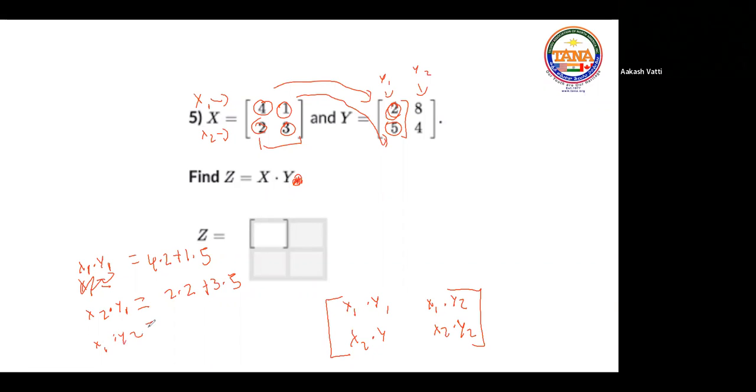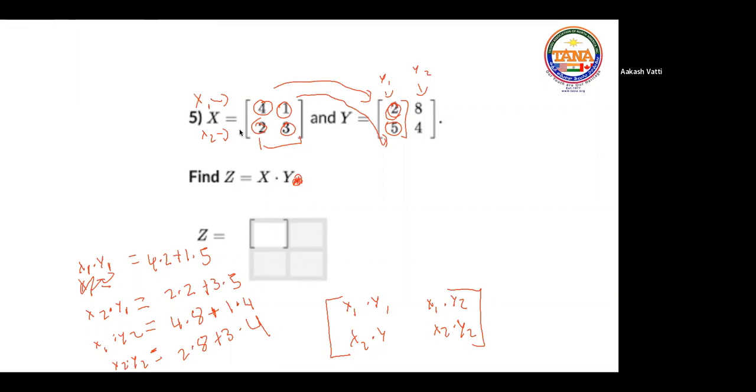times y of 2. You get 4 times 8 plus 1 times 4, and for x of 2 times y of 2, one second, that is 2 times 8 plus 3 times 4, because again, you multiply row 2 by column 2 and the equivalent places, so first by first, second by second, and whatnot.